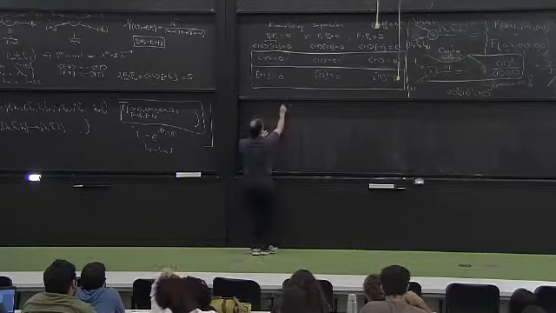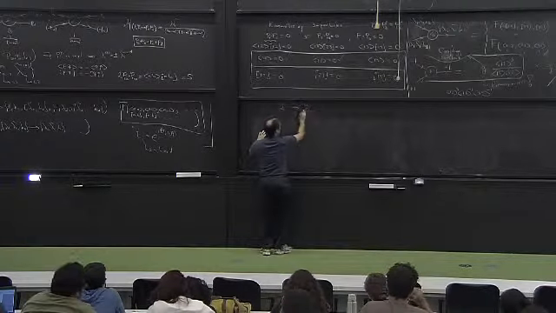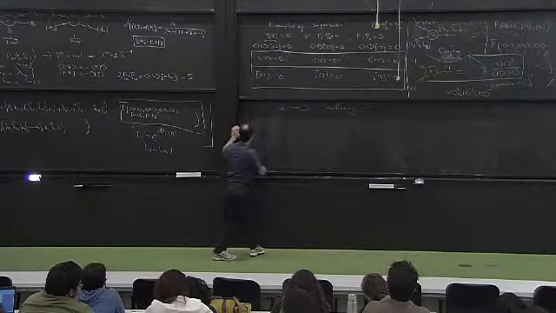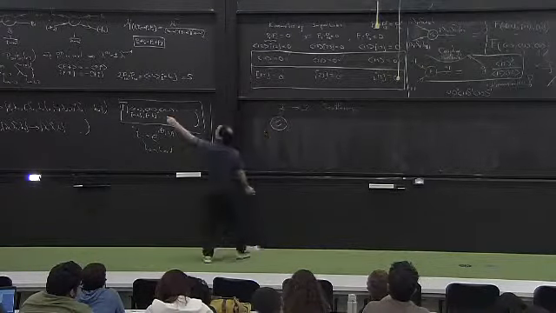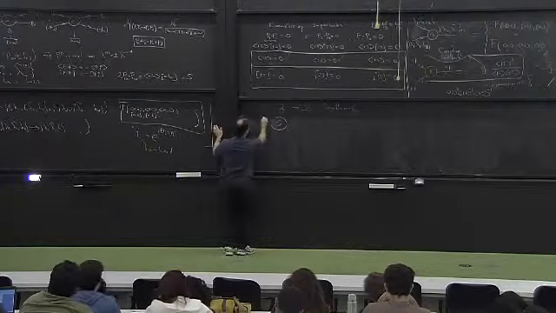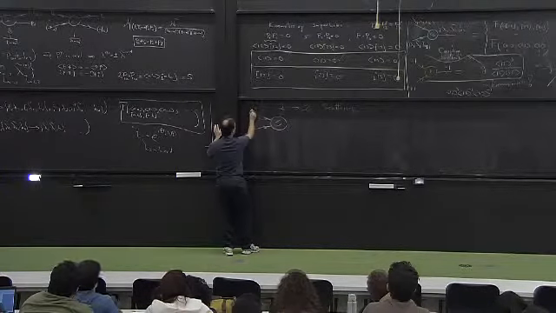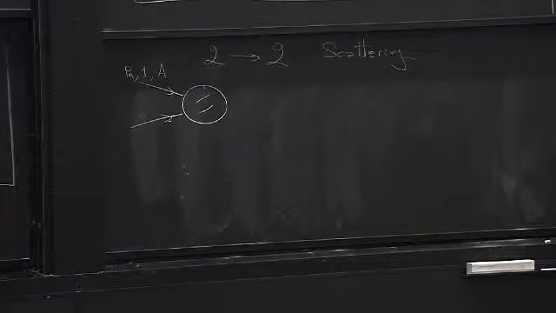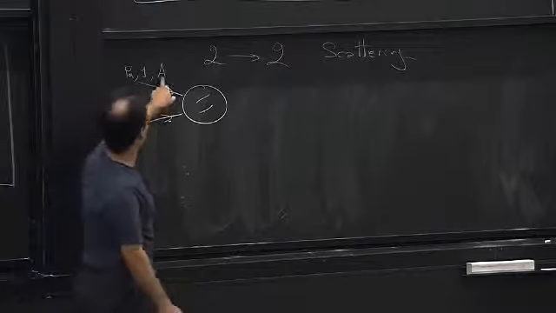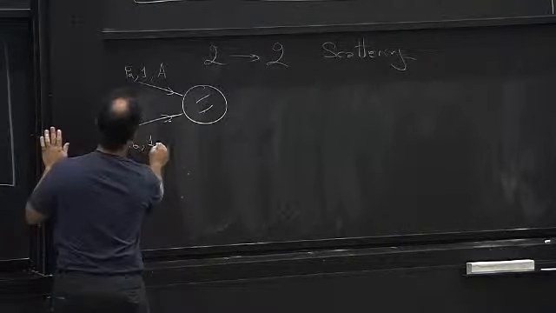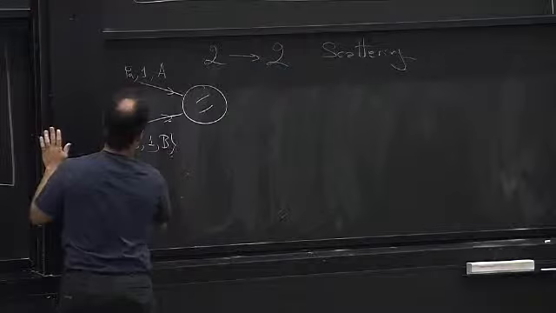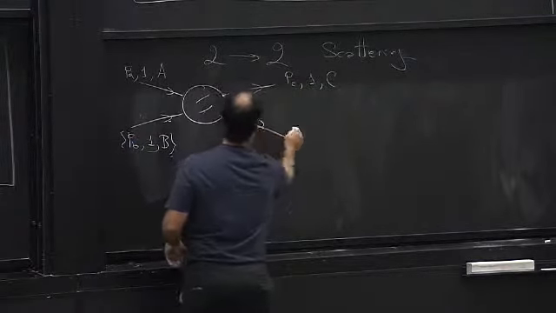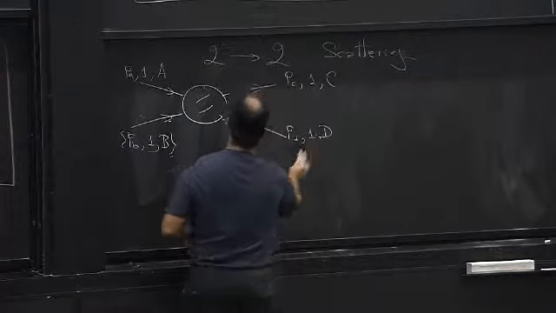Okay, so let's imagine a 2-to-2 scattering. Exactly what we have over there. So we have particle A with helicity 1_A and a species index A. So this is a particle of kind A, B with 1_B, C with 1_C, and D with 1_D.